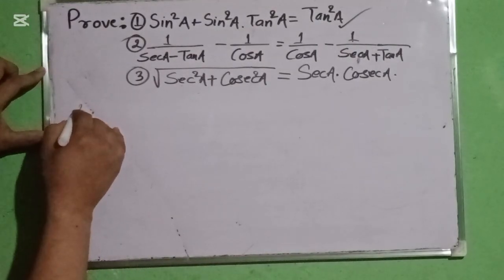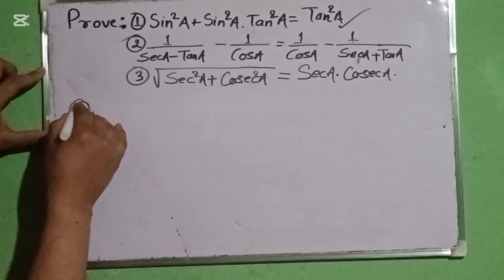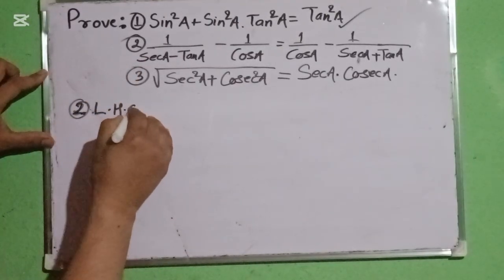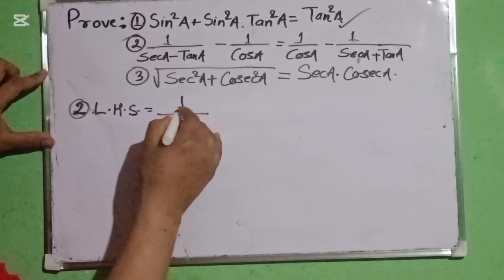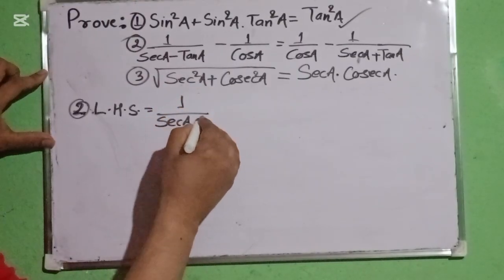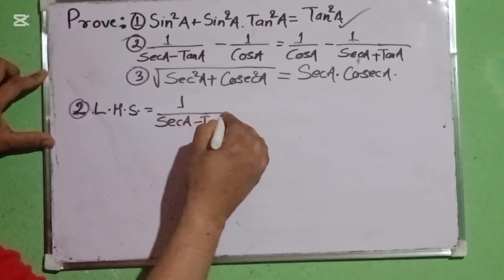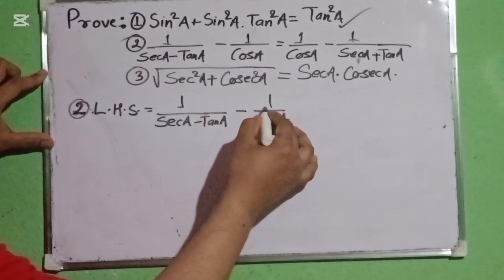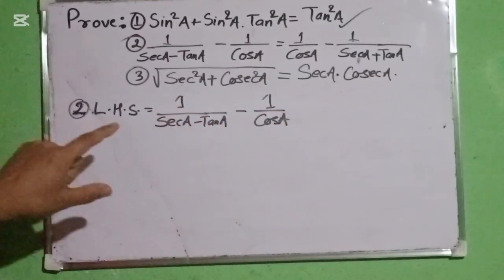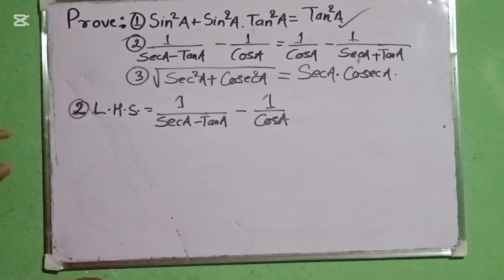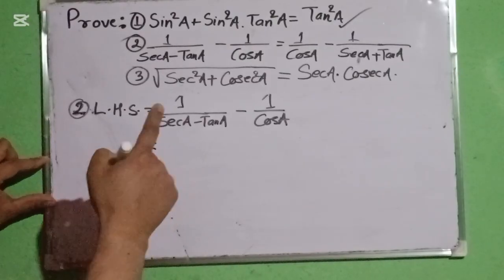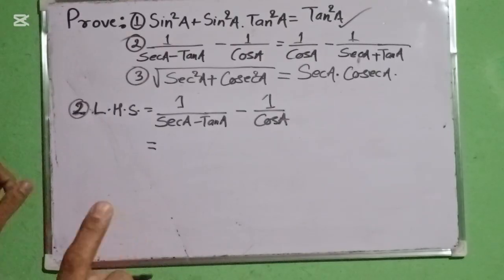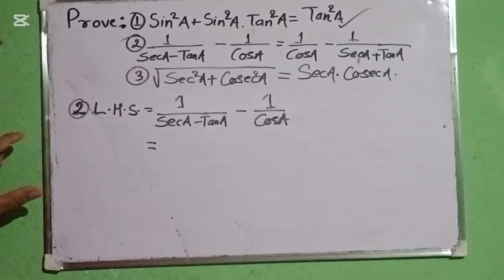In question number 2, the left hand side, look here, children: 1 by sec A minus tan A minus 1 by cos A. This is our left hand side. The students faced many difficulties here while solving this question. That's why look here, children. This is a very important question also.